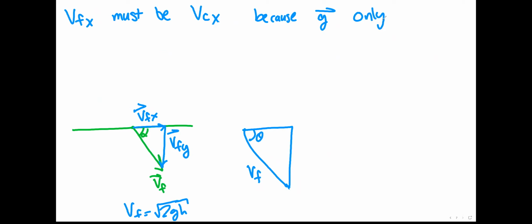I'm going to write this down so you don't get lost when reading these notes. So VFX must be the x component of VC, because G only acts in the y direction. There's no x acceleration, so it has to be this.